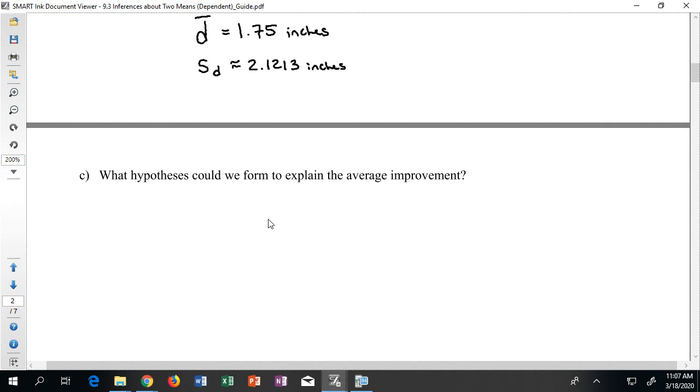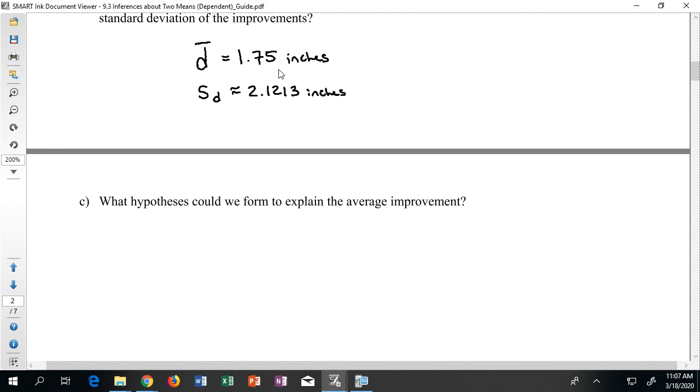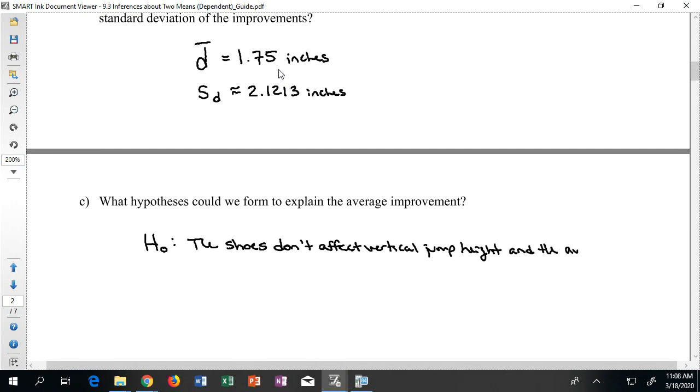The question that we're going to pose in this section is, what hypotheses could we form to explain why we got this average improvement in the way that we did? So here's one hypothesis, and it's our H0. What I could say here is something kind of boring. I could say the shoes don't affect vertical jump height and the average for all people will be 0, right?